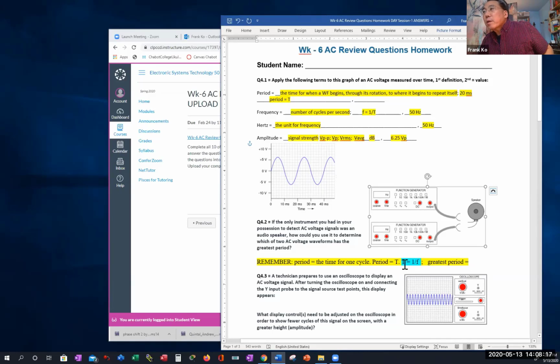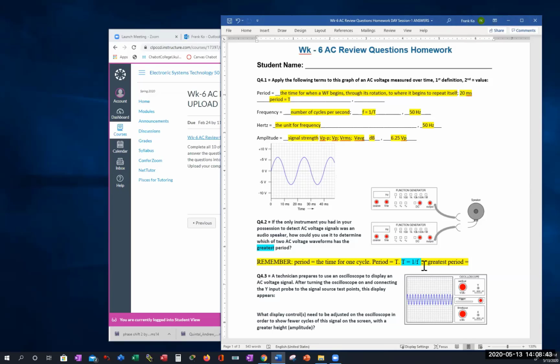What happens when period is bigger? Because we're looking for greatest period, yes? Right here is the key. So what happens when the T is big to F? If I make T go high for the greatest period, what happens to F? Does F go high or does F go low? And why? Question goes to Rolando.